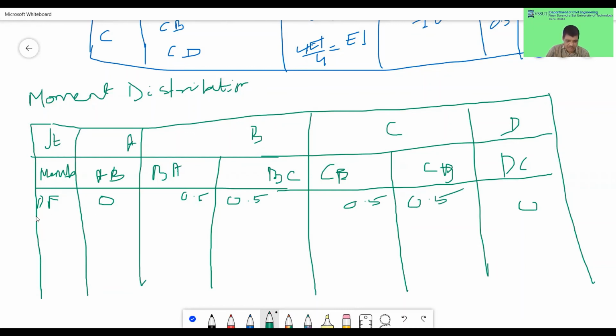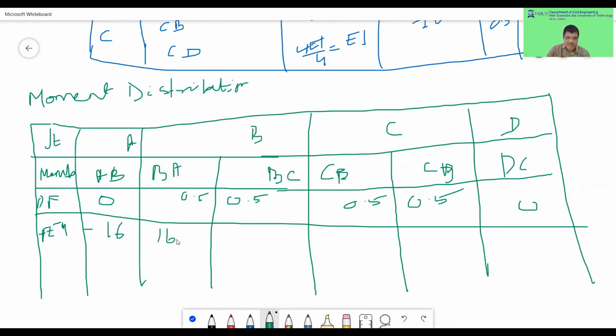Now we'll go to these fixed end moments. So what are the fixed end moments? We have already calculated. Minus 16, plus 16, then minus 40, plus 40, minus 16, plus 16.